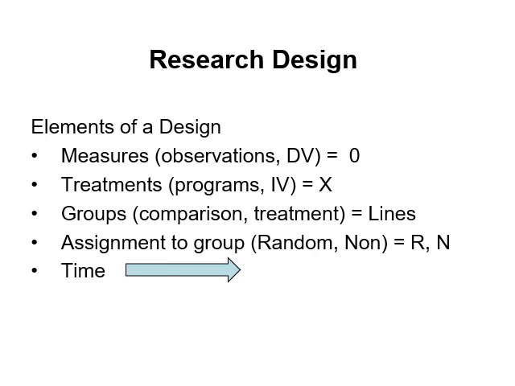Finally, we're going to start each line with either an N or an R to represent non-random versus random. And finally, as we move left to right, that refers to the time. So for example, if I had an O, an X, and an O in a single line, that would be a single group treatment design. I would have a pretest because the first thing I do is that first O, I make an observation. I then insert the treatment and then I do the second observation.